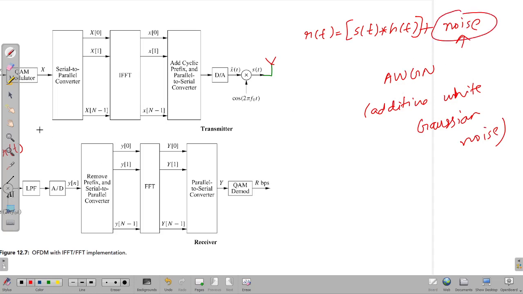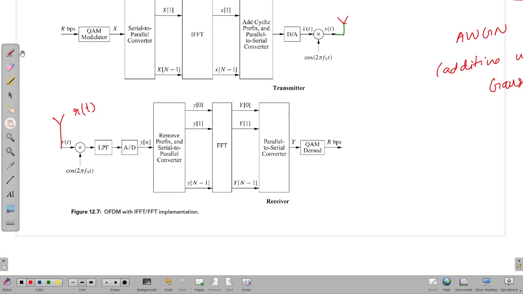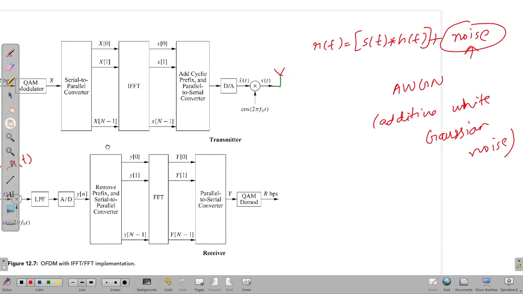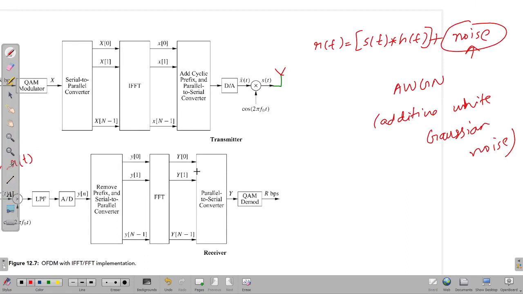It is true that the low pass filter filters some amount of the noise, but along the frequency range of the signal, along the bandwidth of the whole OFDM signal, you will have this additive white Gaussian noise added to it. Even if you sample it, the noise will still remain there. In all the analysis, noise plays an integral part. Noise is present in every analysis.